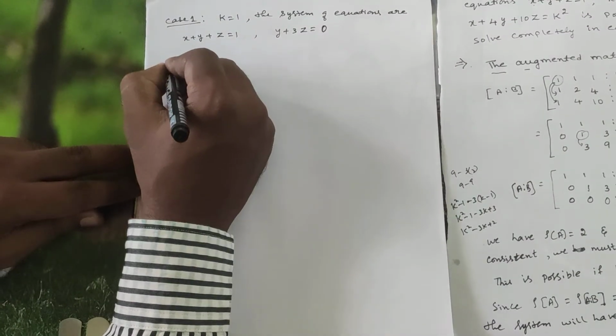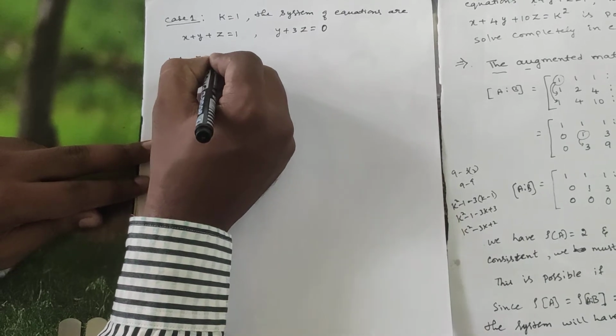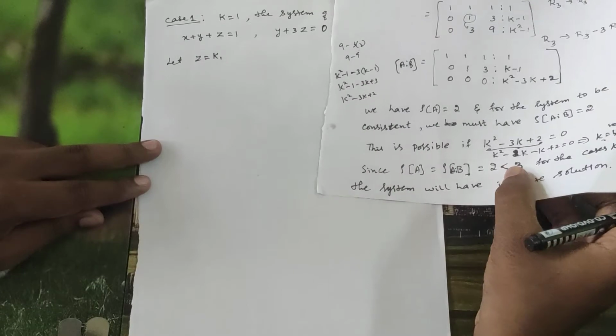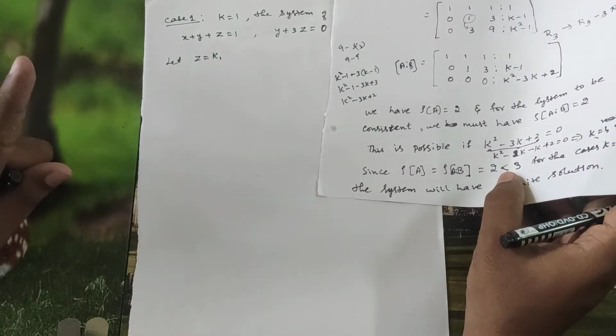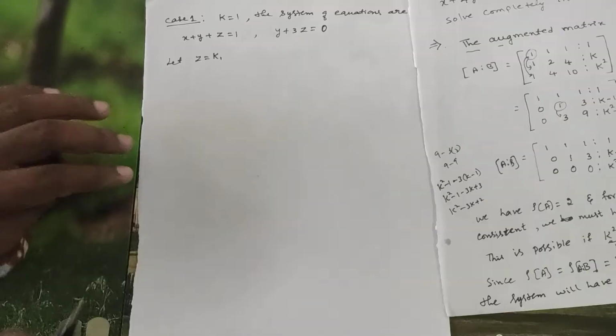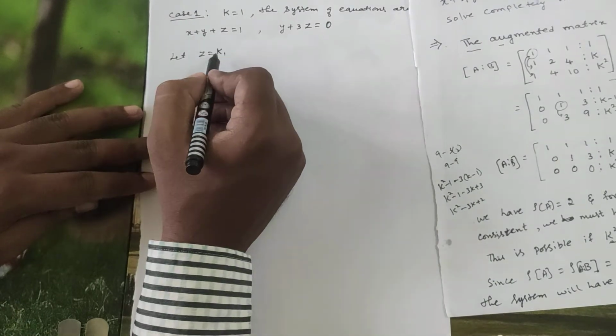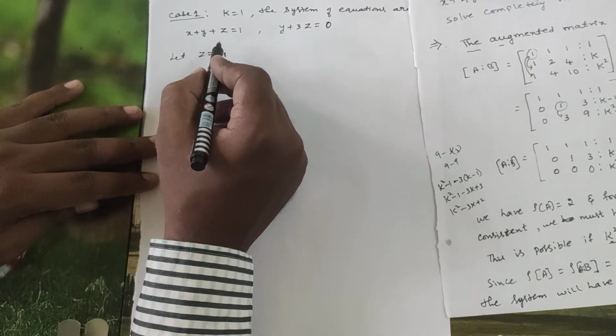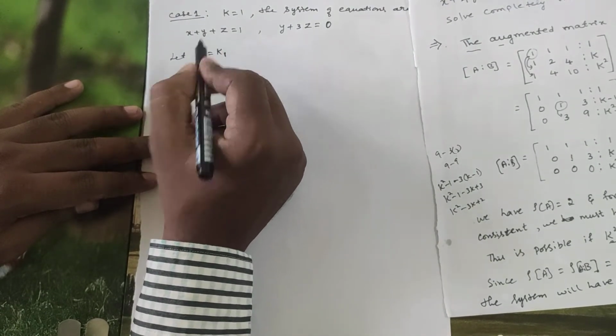Now I am taking z equals k1 because it is an infinite solution. If you put 3 minus 2, you will get 1. So you have to take one variable as one arbitrary constant. So I am taking z equal to k1.